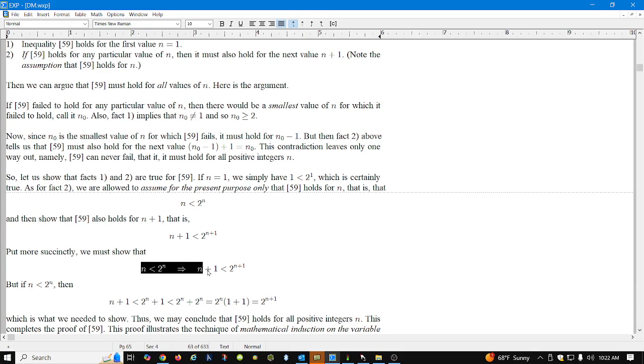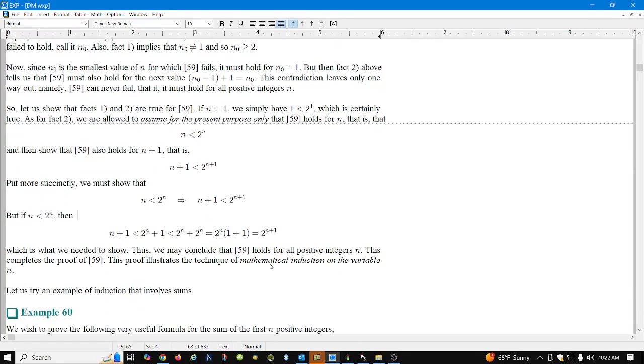So this is what it all looks like in one line. n less than 2 to the n implies n plus 1 less than 2 to the n plus 1. Well, all we have to do is take this expression and add 1 to both sides, and then do some fiddling with the part on the right. We'll replace 1 by 2 to the n.